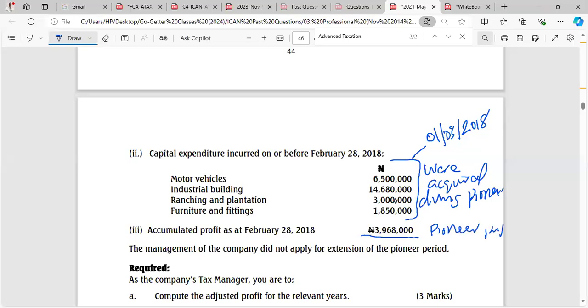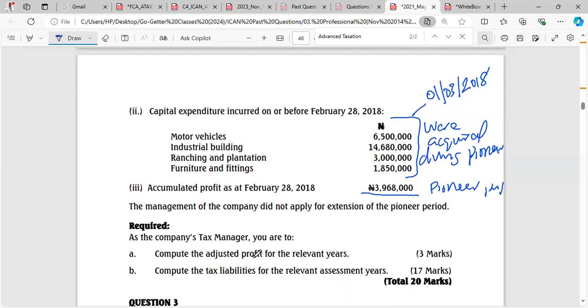Now, assuming it was a loss, you would have seen it as accumulated loss, and it will have been incurred on the first day of the new business. Now, they said the management of the company did not apply for extension of the pioneer period.